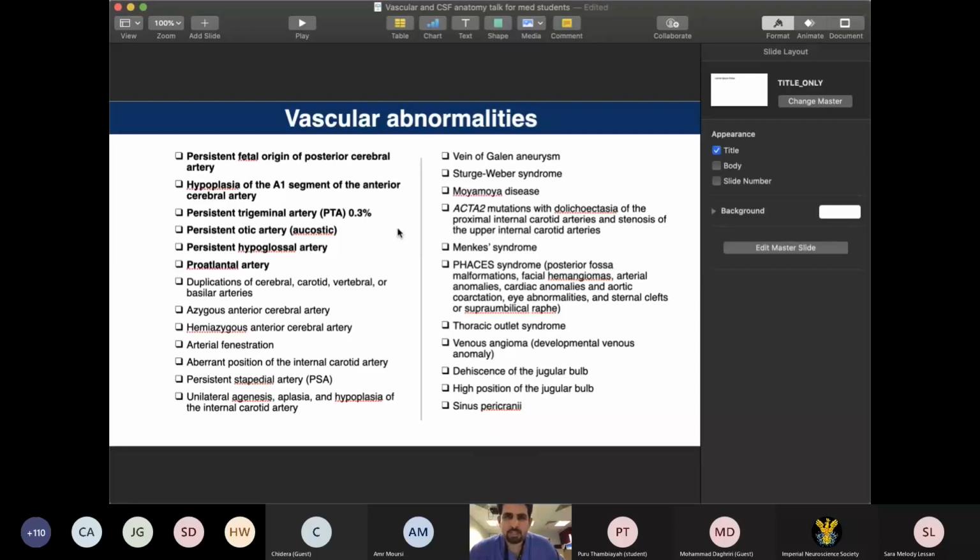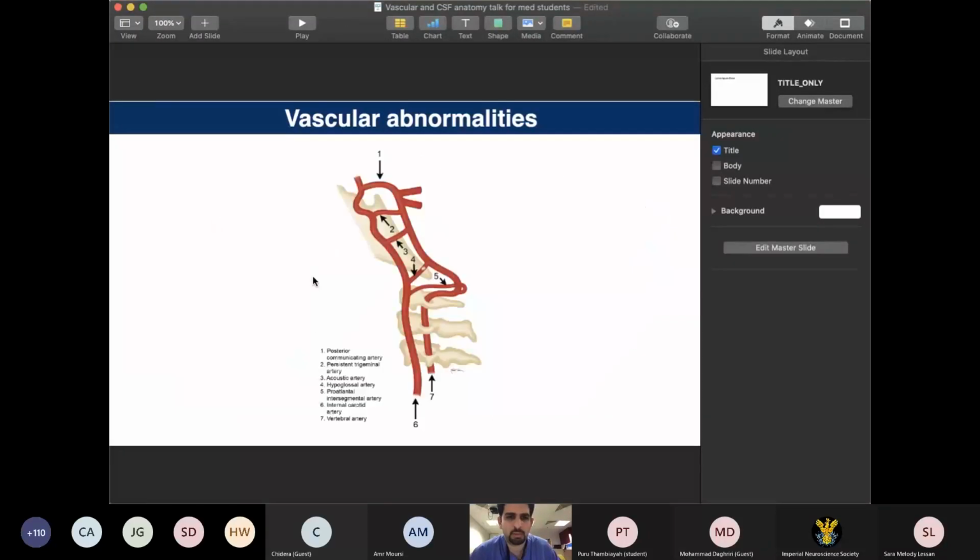There are many vascular abnormalities. I'm not going to go through all of these in the interest of time, but the main ones which I want to talk about are the persistent, or what's called a fetal posterior communicating anomaly, or fetal PCOM.